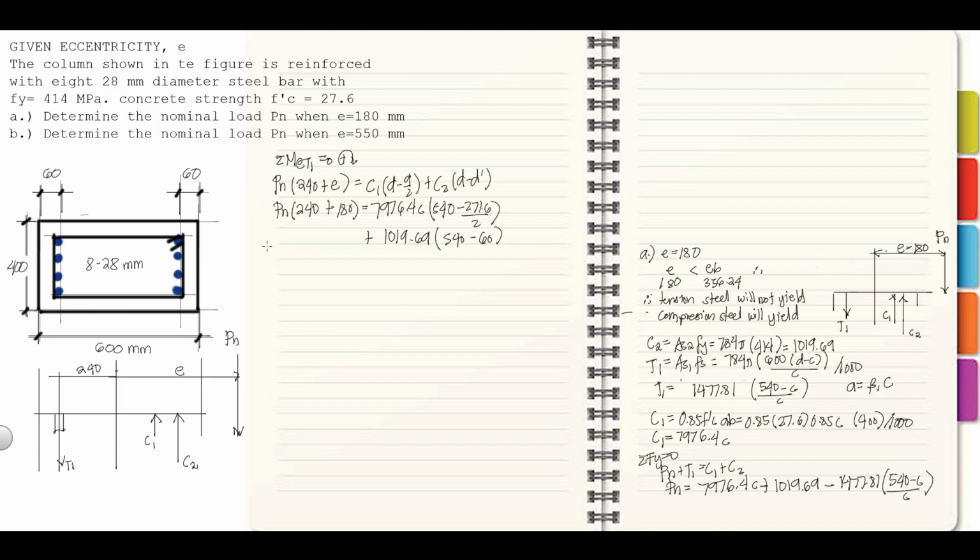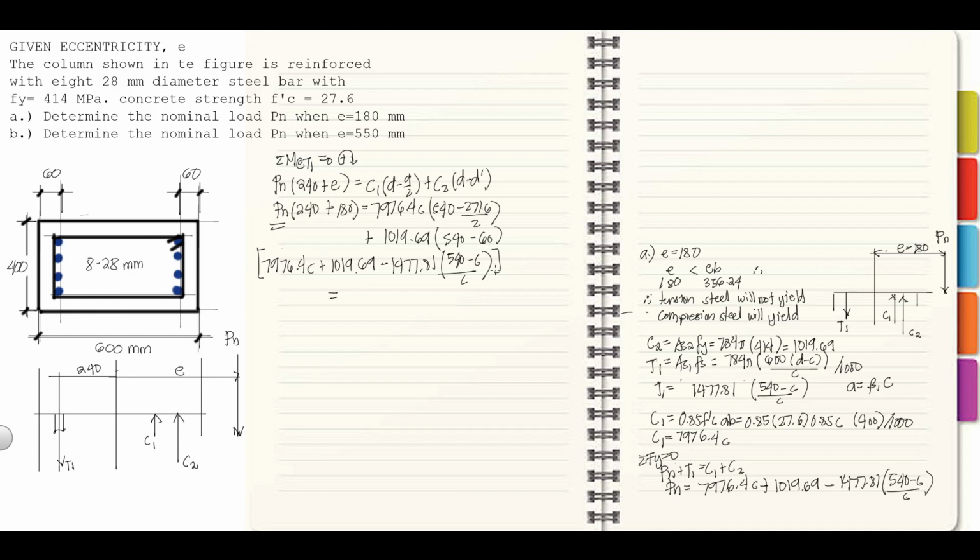Okay, so lagay natin yon. Medyo mahaba-haba, no? Lagay natin yung value ng Pn dito. Ang value ng Pn is 7976.4 C plus 1019.69 minus 1477.81, the quantity 540 minus C all over C. Okay, so this is your Pn.